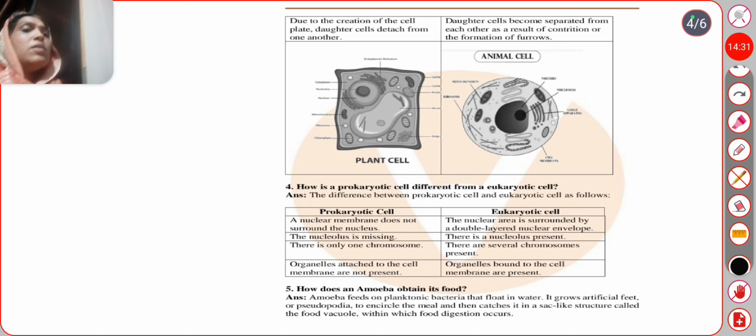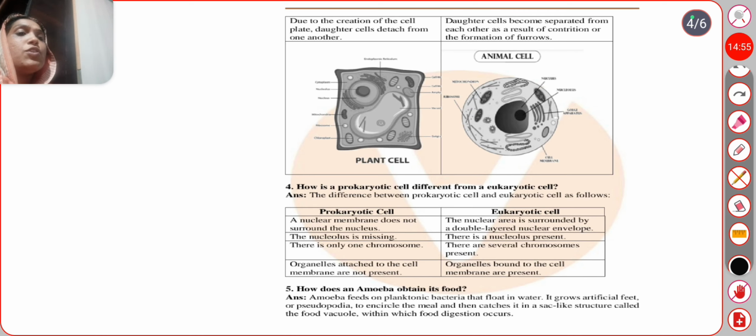The same goes for prokaryotic and eukaryotic cell differences: nucleus is missing, nucleus is present; chromosomes are single stranded, chromosomes are several in number; organelles attached to the cell membrane are absent, organelles are attached to the cell membrane.